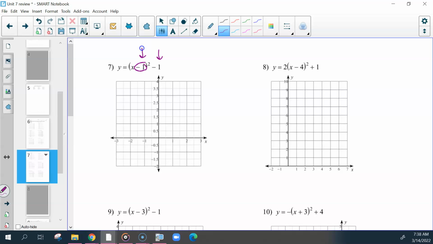Whatever this is, we're going to change it, make it the opposite. So this would be the point +1 and then -1. Whatever's on the outside stays the same, whatever is on the inside changes. So this would be your vertex.